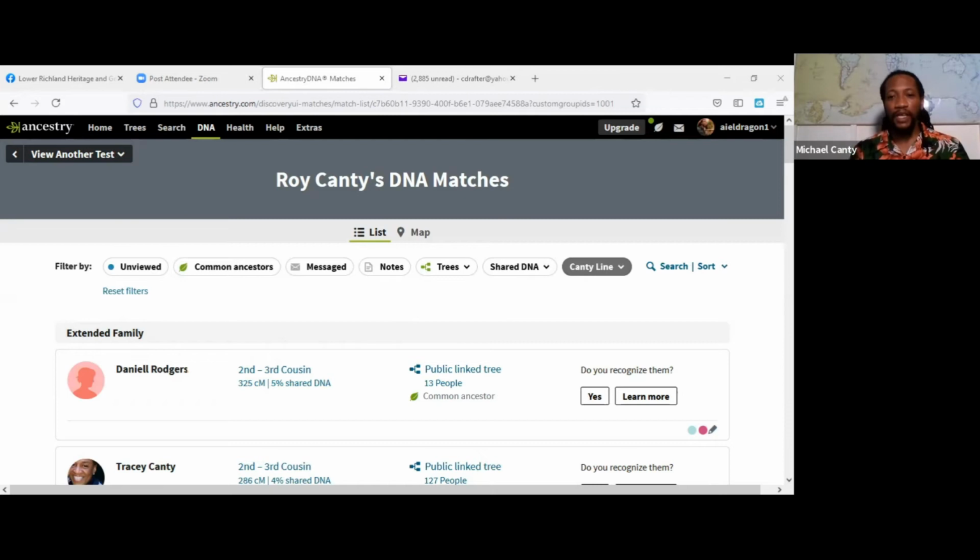So one thing on JetMatch that's pretty cool, and I like to use this in combination with Ancestry.com, is the xDNA pattern. xDNA is something that's passed down, and it follows a weird path.